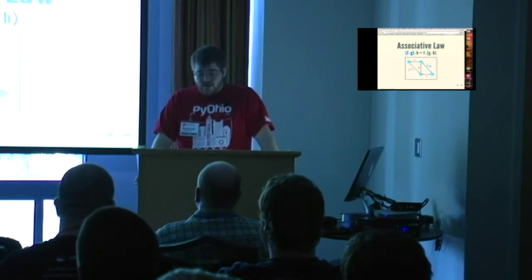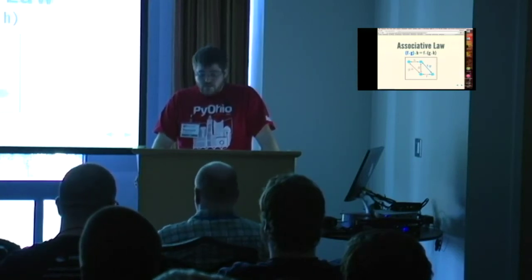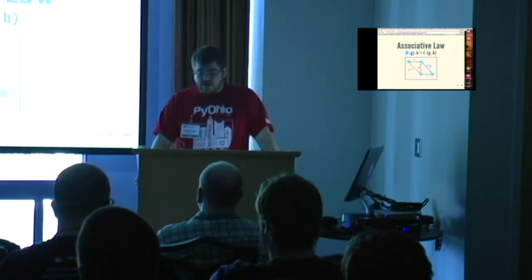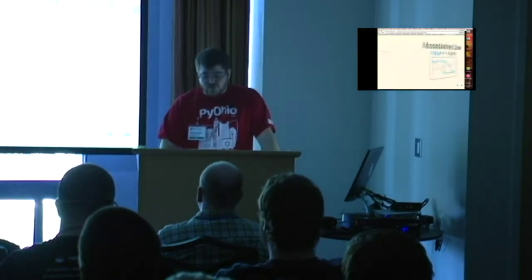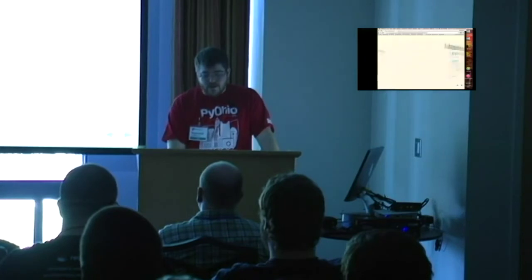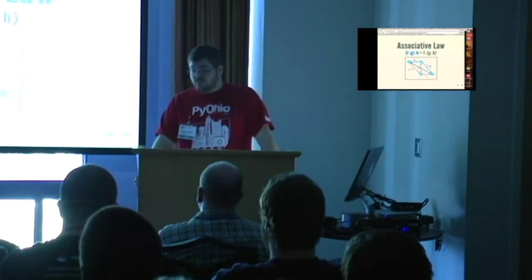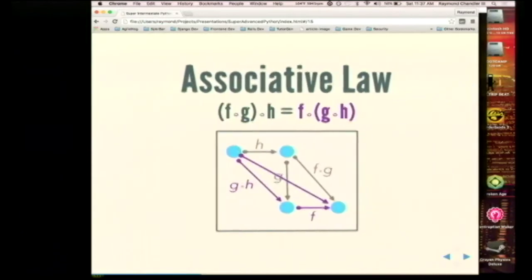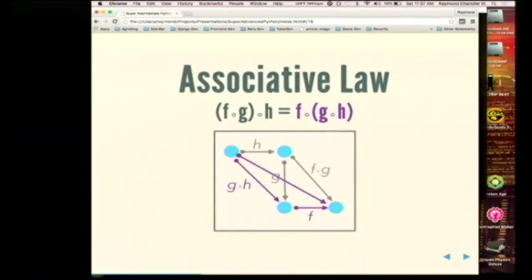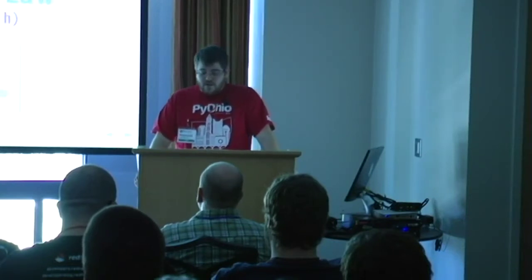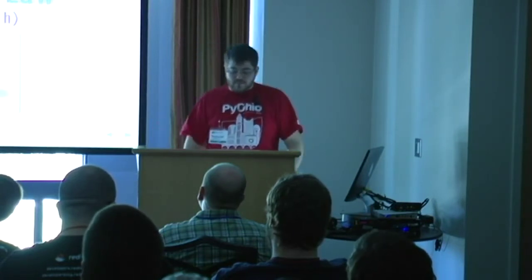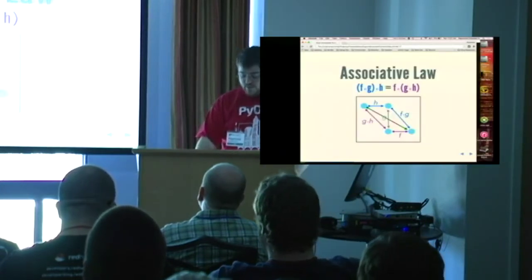The center object only has this mapping G to the bottom object, and the bottom object only has this mapping F. But if I compose them together, I get F of G. If I compose F of G with H, then I end up with F of G composed with H. If I end up with F over here and G of H over there, then I end up with the same composition, F of G of H. They are the same, even though they're split up differently, because associations map directly.